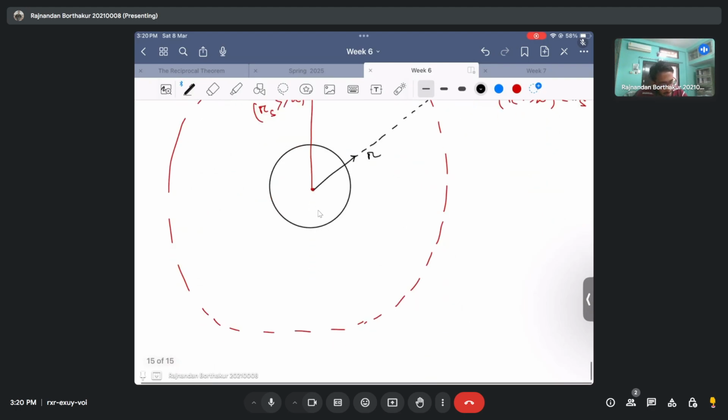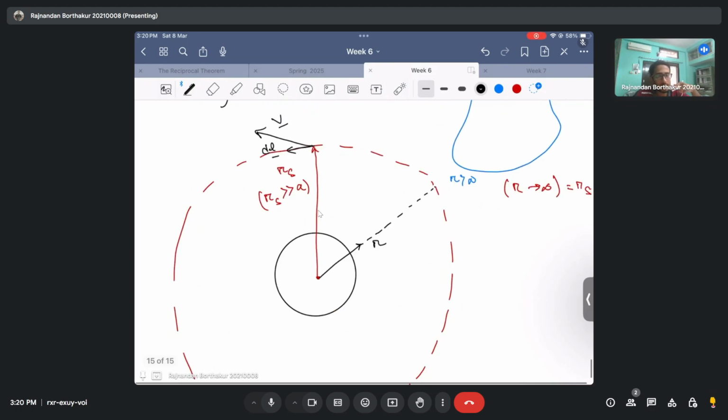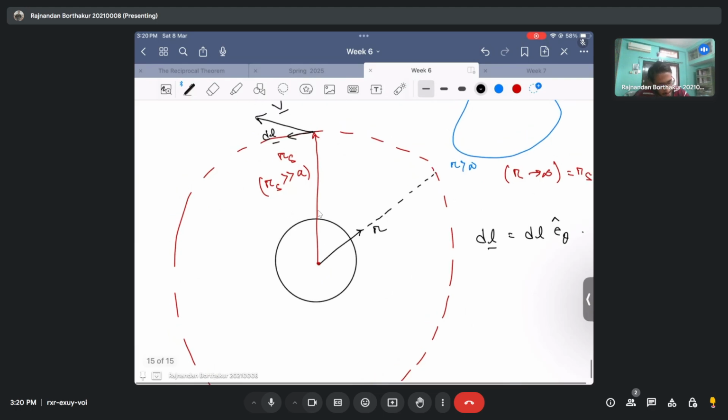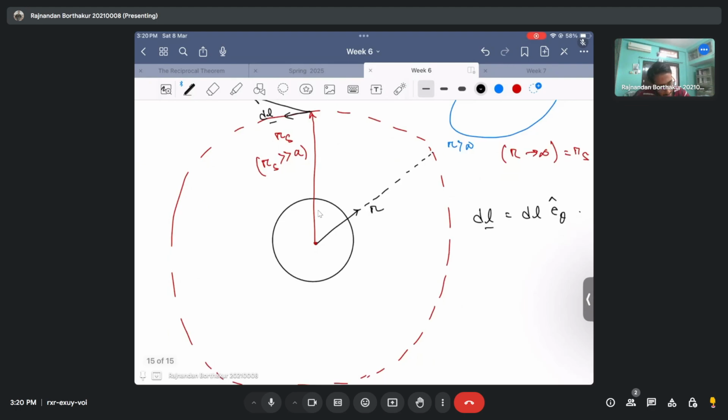Okay, but recall that since this closed curve is a circle, that means I can just say that dl bar is just dl e theta hat.